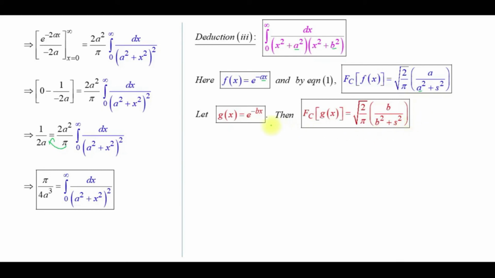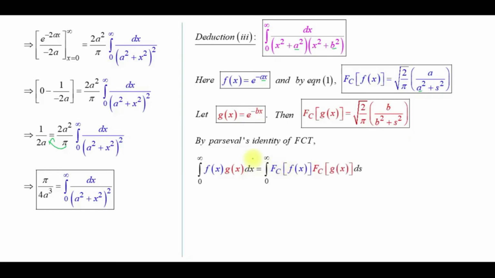So we know the Parseval's identity formula: the integration from 0 to infinity of f of x g of x dx is equal to the integral from 0 to infinity of the Fourier cosine of f of x into the Fourier cosine of g of x ds. Now substitute f of x equal to e power minus ax, g of x equal to e power minus bx, the Fourier cosine of f of x equal to square root of 2 by pi into a divided by a square plus s square, and the Fourier cosine of g of x equal to square root of 2 by pi into b divided by b square plus s square.